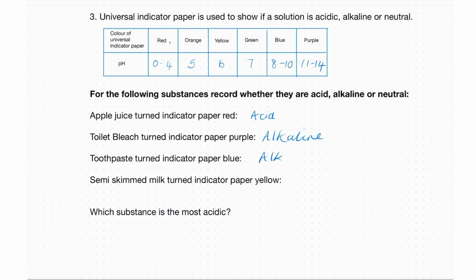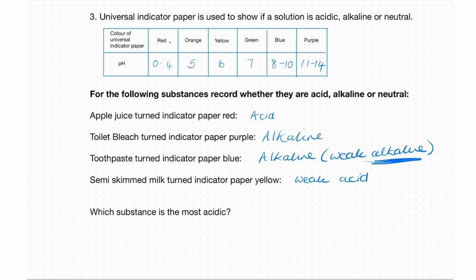Some people might be inclined to write the phrase weak alkaline, and that's okay, but the marking point will be for the alkaline bit. Semi-skimmed milk turned indicator paper yellow. So here we would write weak acid.